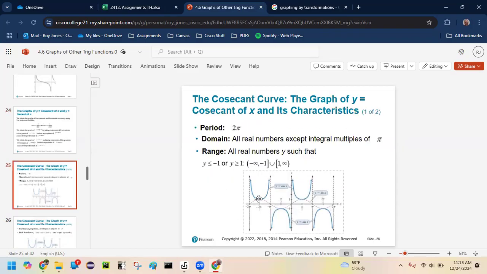What that means is we're going to wind up building our graph on top of the sine and cosine graphs. So if you look here, you can see the dotted line. That would be the sine graph, and cosecant is being built on top of that. That's what these U's are right here. So the U's are the actual graph. The dotted lines are what we use to build it.